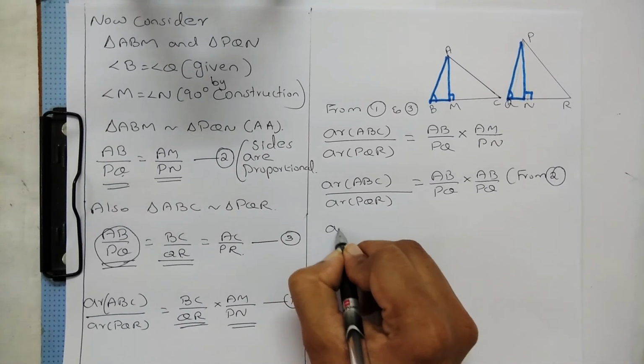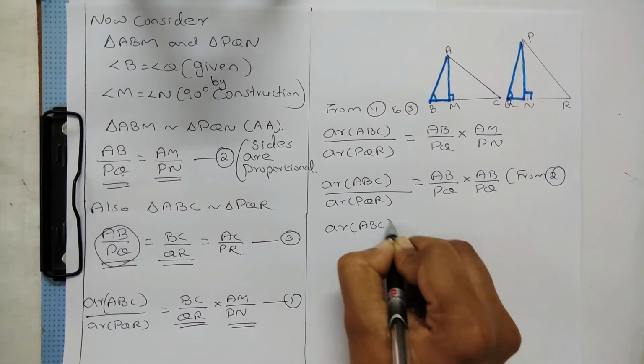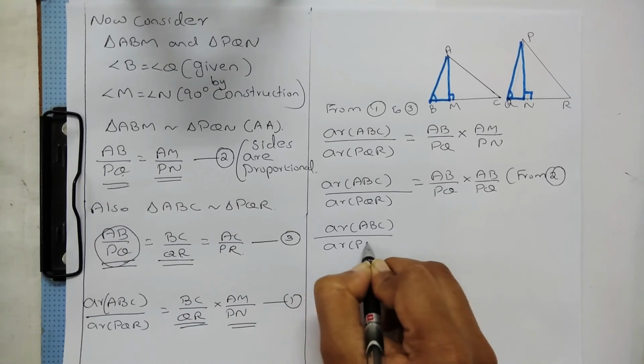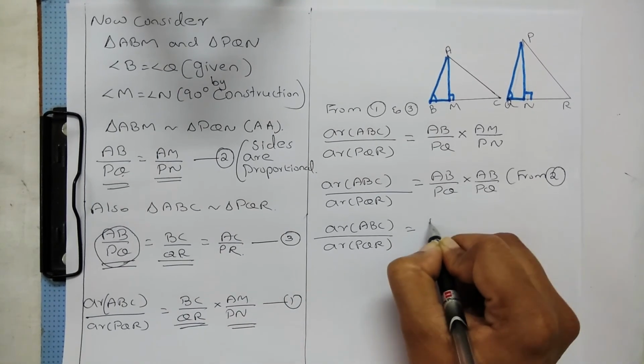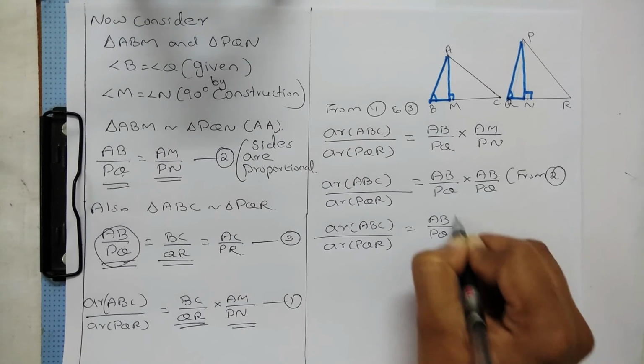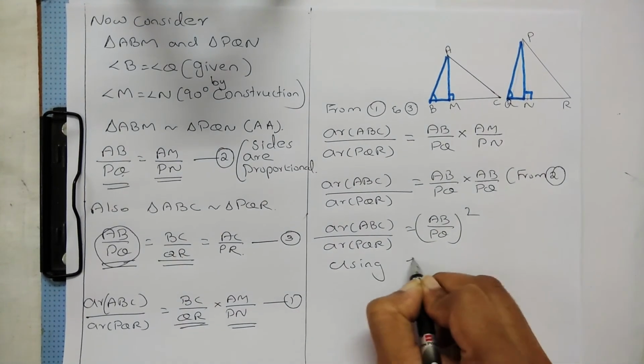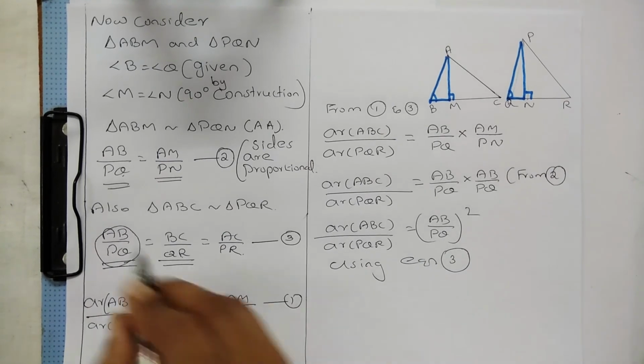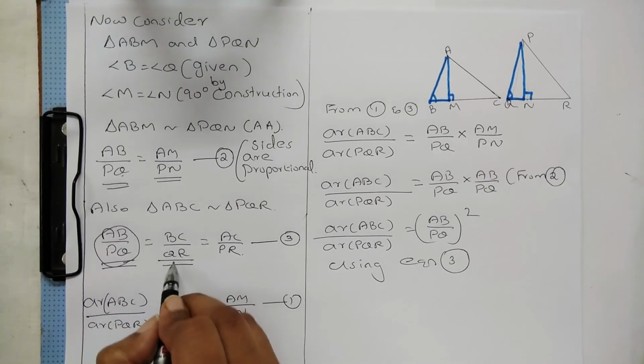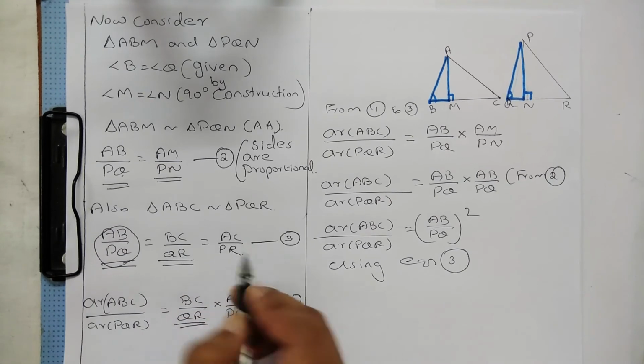Now we see what we are getting. Area of ABC divided by area of PQR is equal to AB by PQ the whole square. Using equation 3, AB by PQ will be equal to BC by QR, that is equal to AC by PR.